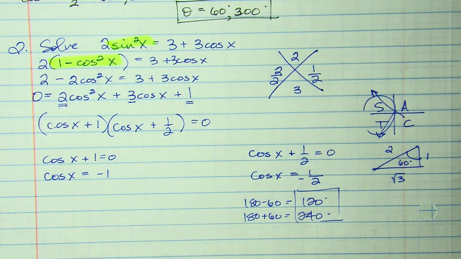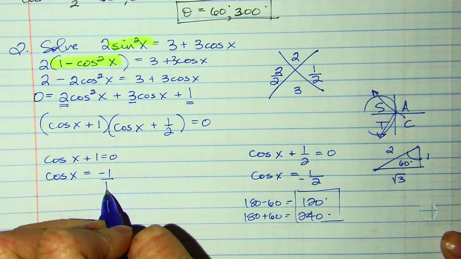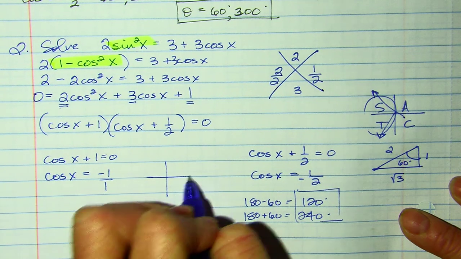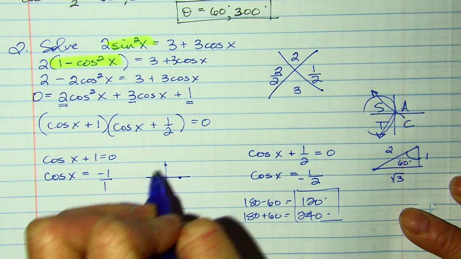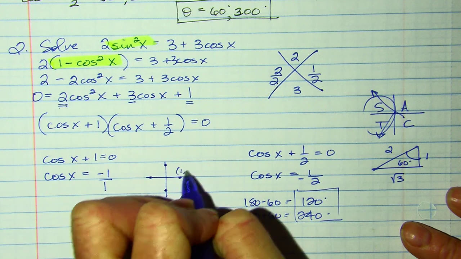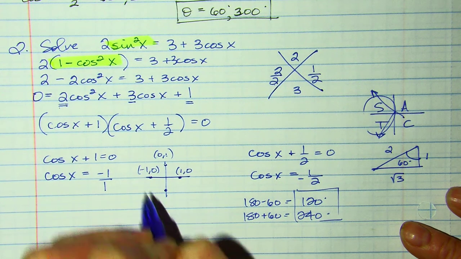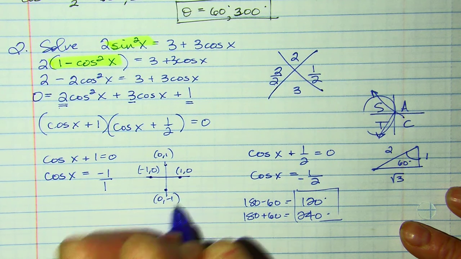And I probably should mention this is an x, which means they might want it in radians, and we can do that in a minute. But when does the cosine of x equal -1 over 1? Well, if it's just a 1, I know it's a quadrantal angle. So this is 1, 0, 0, 1, -1, 0, 0, -1.